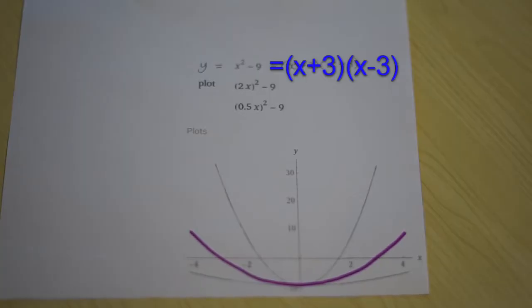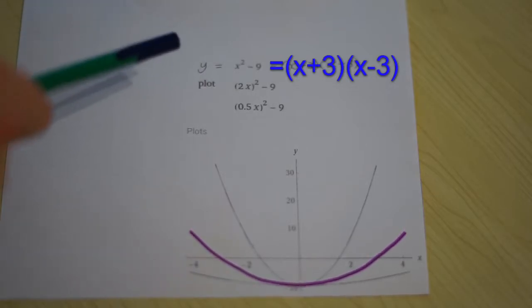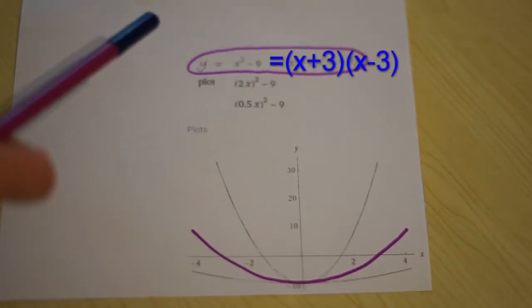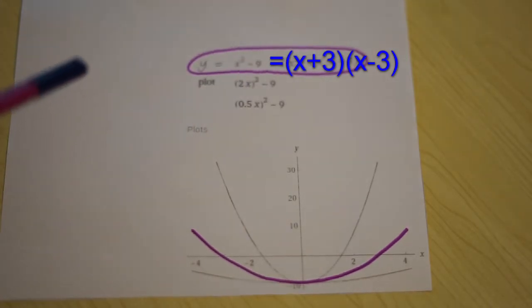So example number 2, let's have a look at what happens if you start off with the graph y equals x squared minus 9. Here it is, as it factorises to x plus 3 multiplied by x minus 3.